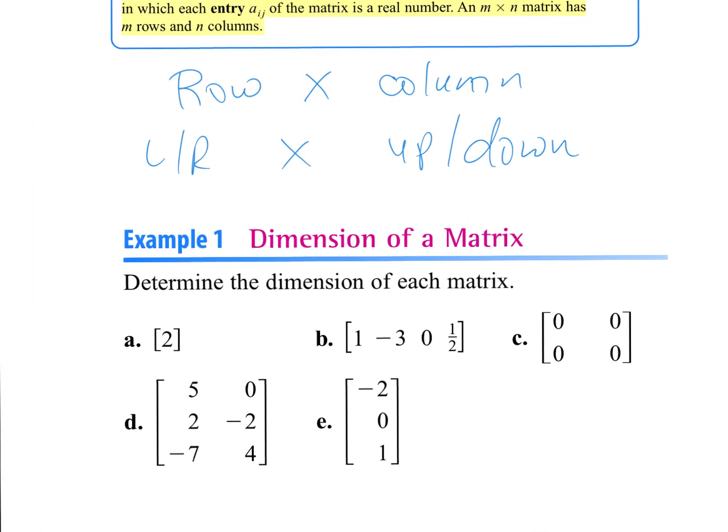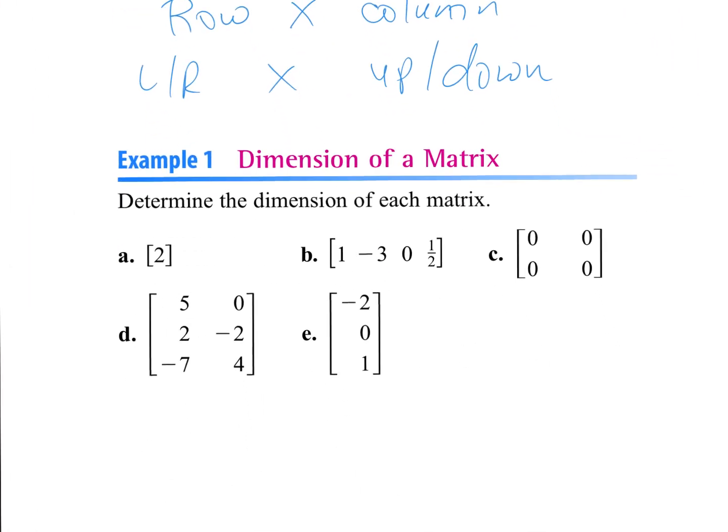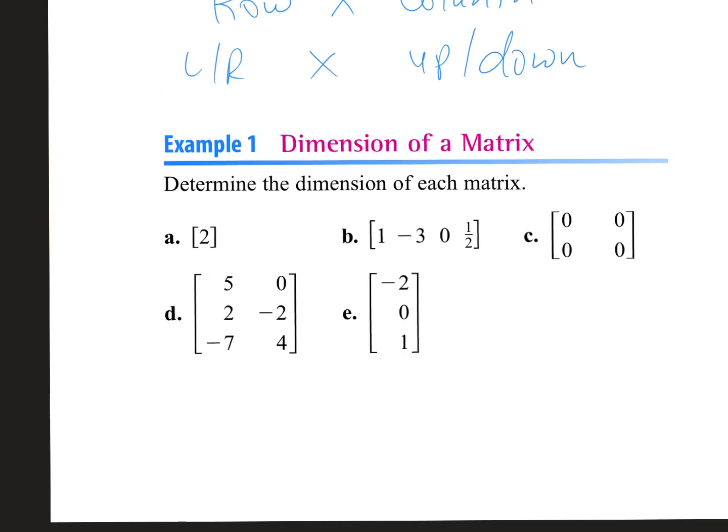On a question as simple as this, if it says to determine the dimensions of a matrix, we go left and right by up and down. So I'm going to draw a line through it. How many rows do I have there? 1. By how many columns? 1. This is a 1 by 1.